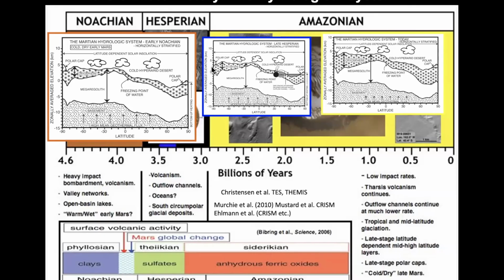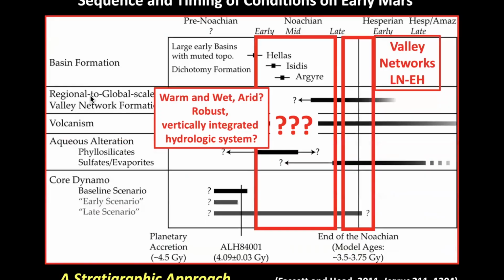We already have really good evidence for that over the course of a significant percentage of the surface, 80% of the history of Mars. And we think that that's likely to have been the case back then. So wait, what's going on here? Warm and wet, arid, robust, vertically integrated hydrological system. We don't think we see a lot of evidence for either of those.